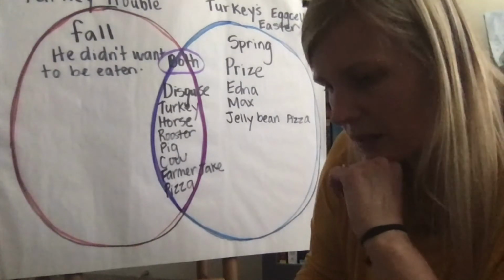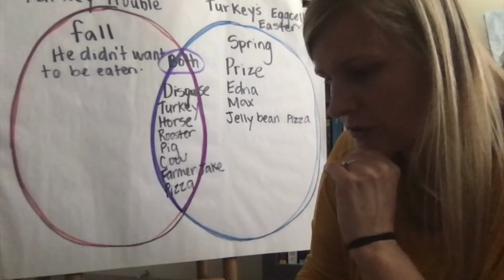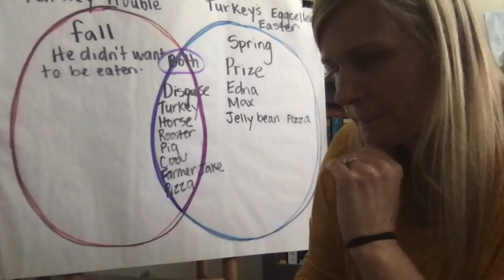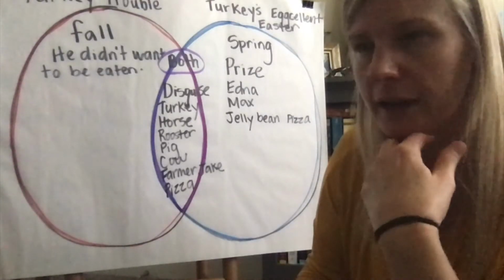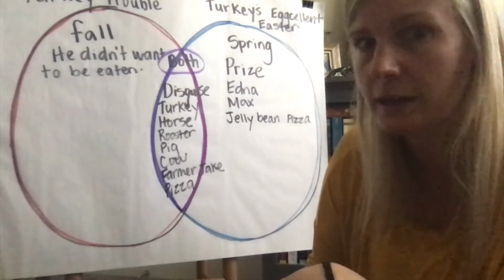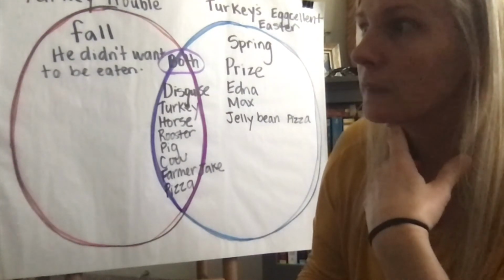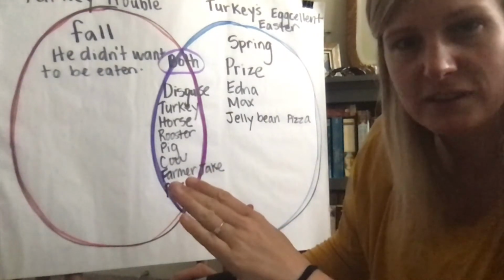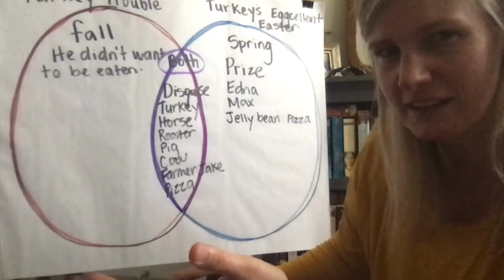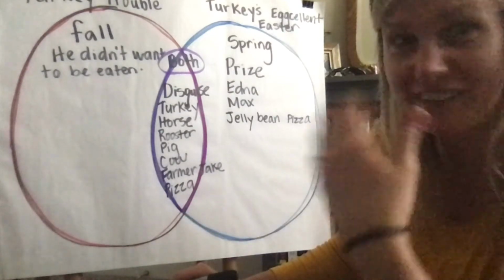Let me think here. I'm trying to think of some other things that happened in that story. What about his disguises? Let's think about the middle of the story. I kind of jumped from the beginning to the end of the story, didn't I? In Turkey Trouble, it was just the turkey dressing up, wasn't it? Turkey was the only one wearing disguises, right? Yes.